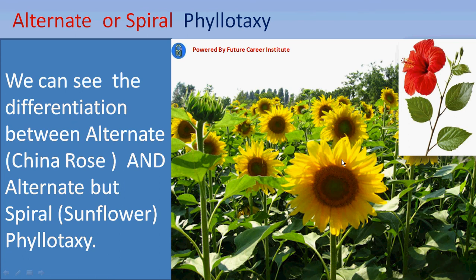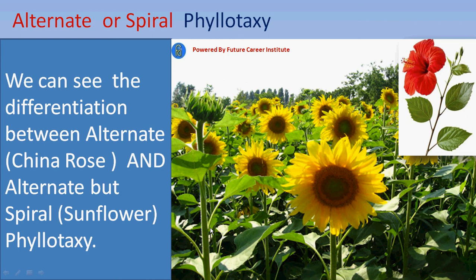Next, in some books we find a separate category known as spiral phyllotaxy. So let us now take a look at spiral phyllotaxy. Here is a picture of China rose or hibiscus showing alternate phyllotaxy. We call this alternate phyllotaxy as one leaf is rising from one node only and they are facing only one direction.